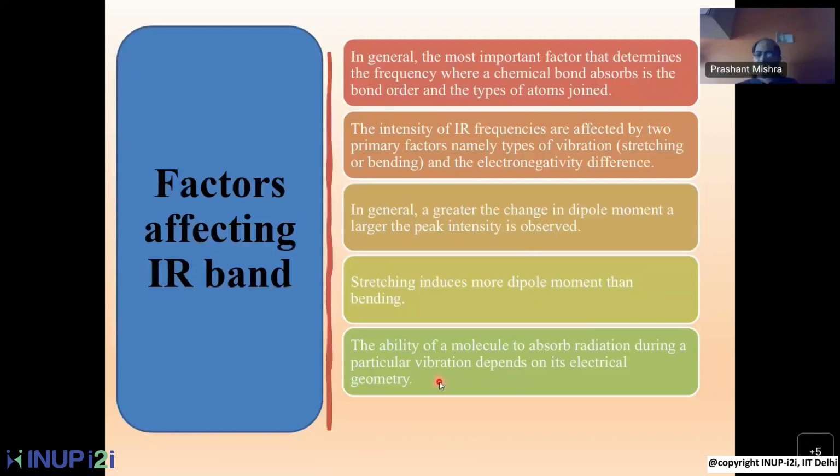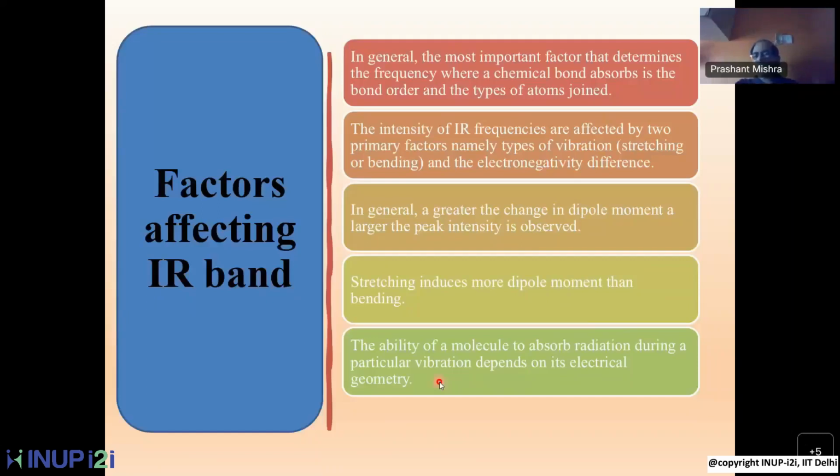Stretching induces more dipole moment than bending. So that is why it is the one which leads to obtaining the IR spectra. The ability of a molecule to absorb radiation during a particular vibration depends on electrical geometry. So it is the geometry of the molecule.